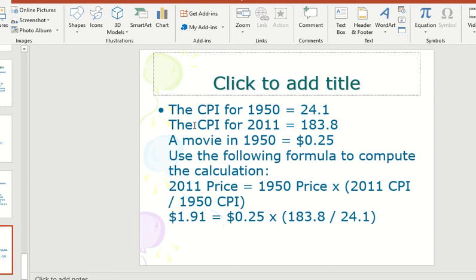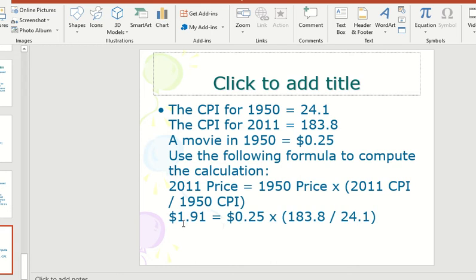So essentially what we're trying to find is how much a movie ticket should cost in 2011 after adjusting for inflation. A movie in 1950 was given to us at 25 cents. Let's convert that into 2011 dollars. So 1950 dollars multiplied by 2011 CPI and divided by 1950 CPI.